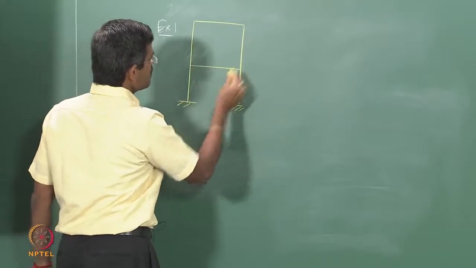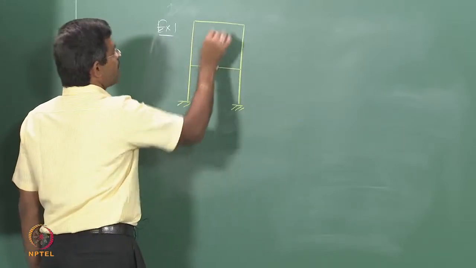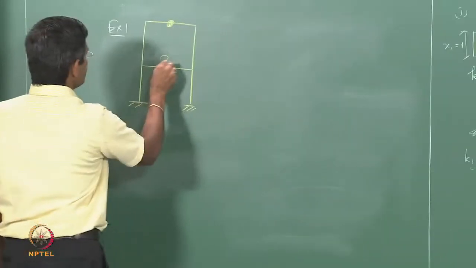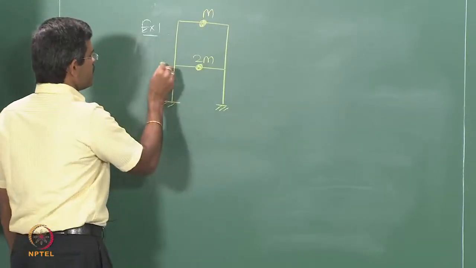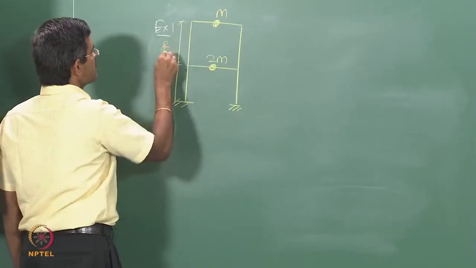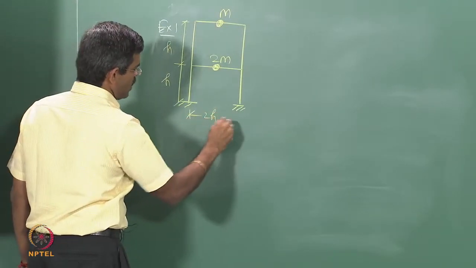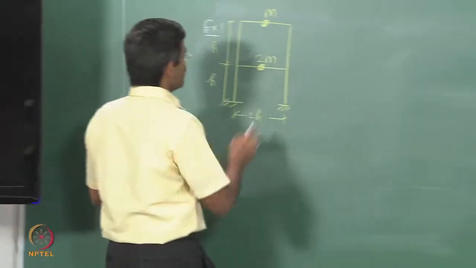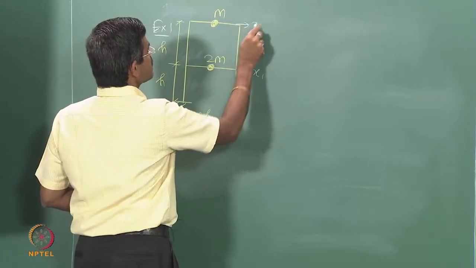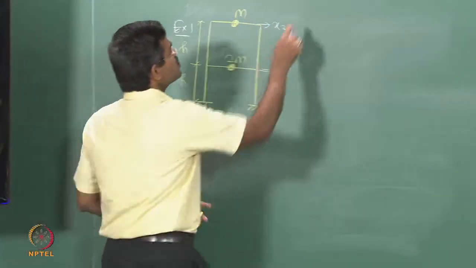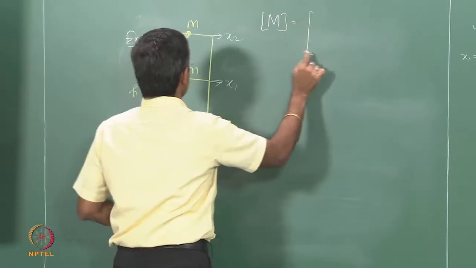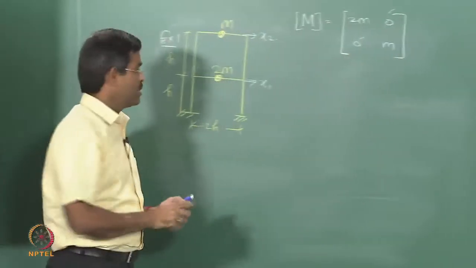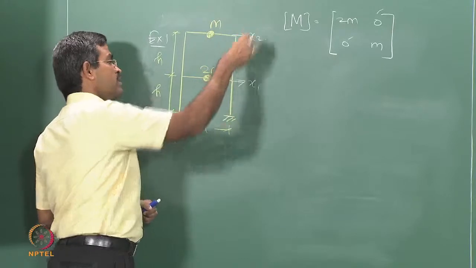So, this was a single bay 2-story problem with lumped mass at these points, which were 2m and m, and the height of the story was kept the same, even this was kept as 2h, and the degrees of freedom were marked here as x1 and x2. We also had the mass matrix as 2m 0 0 m. Now, you will appreciate why I am writing 0 here, because mass is lumped at the same point where the degrees of freedom are marked.